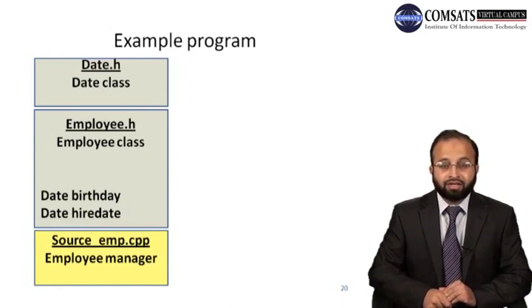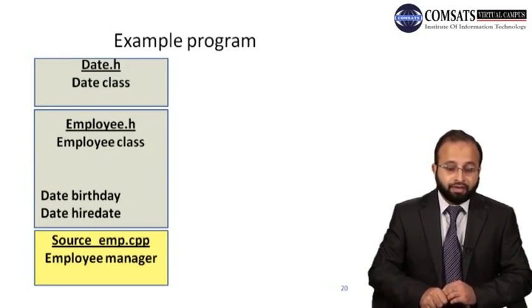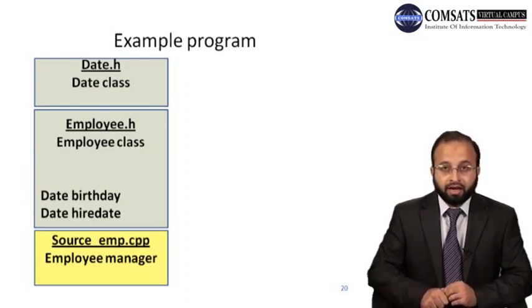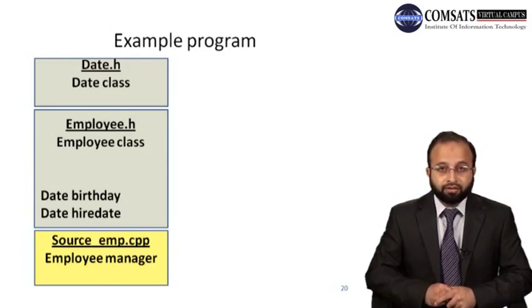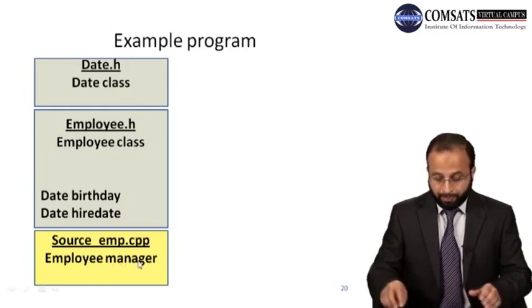So date.h contains the definition of the date class, employee.h contains the definition of the employee class, and within that definition it has the two objects of the date class. And then we have the source file, that is emp.cpp, and here we create an object of employee class, and the name of the object is manager, right?